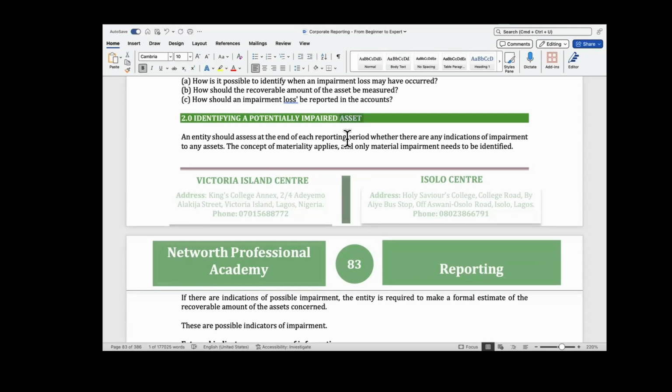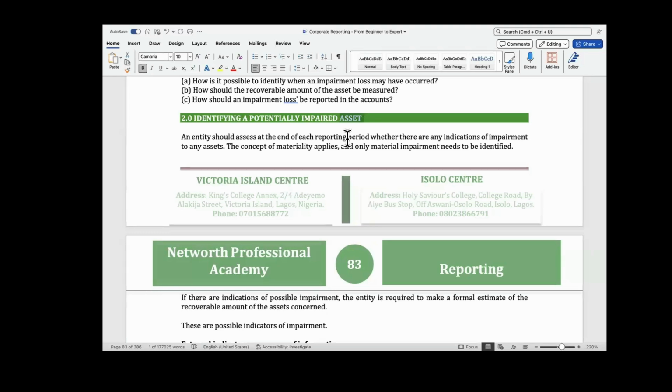When we say impairment of assets, the assets we are focused on in this standard are non-current assets like PPE, intangible assets, majorly those non-current assets, or maybe even investment property. But the focus here is impairment of non-current assets.